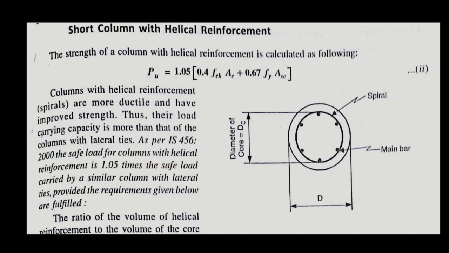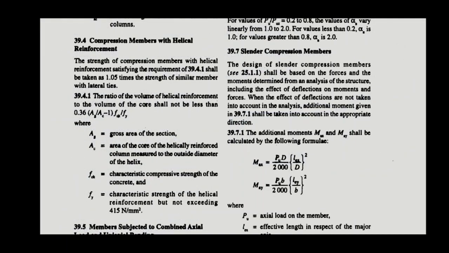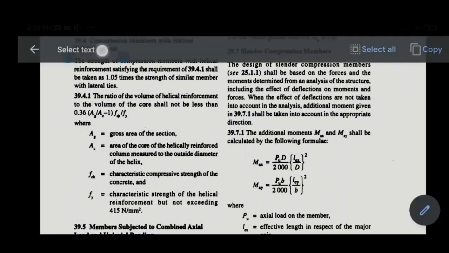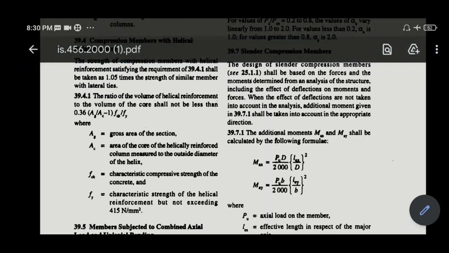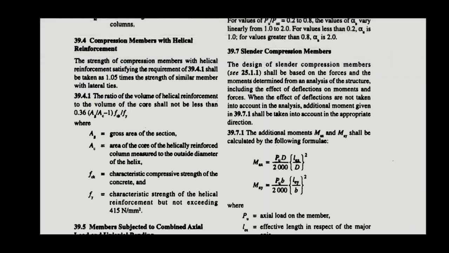Let's check it out. As per clause number 39.4, as you can see here, compression member with helical reinforcement. The strength of compression members with helical reinforcement satisfying the requirement of clause number 39.4.1 shall be taken as 1.05 times the strength of a similar member with lateral ties.